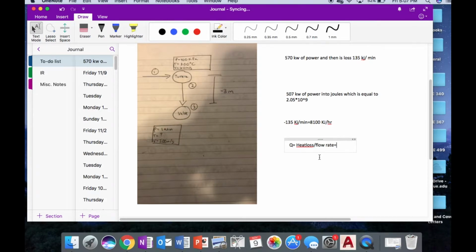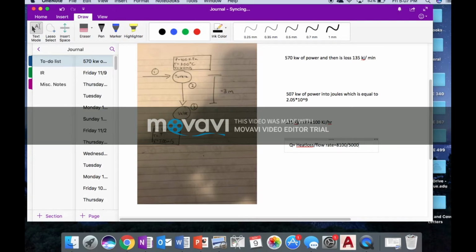So that can be assumed to be 8,100 divided by 5,000, which was how many kilograms an hour of water vapor we are taking in. And that value comes to be 1.62 joules.